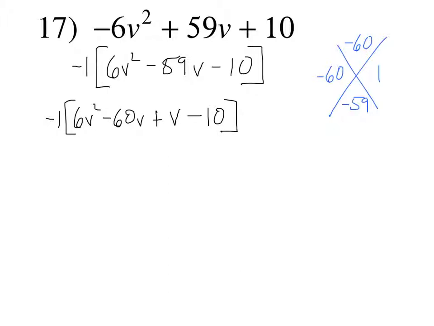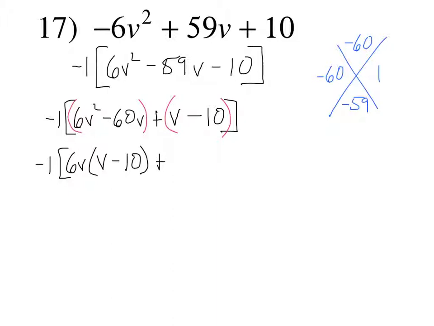Now it's a matter of going through the grouping process again. Please make sure you're always putting a plus sign between your two groups. If it's a minus there, then we have to say plus a negative, whatever that third term is. You have to rewrite it so it's plus there. For the first group, we're factoring out 6v, which leaves us with v minus 10.